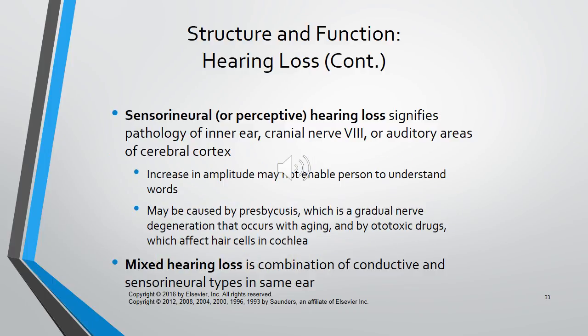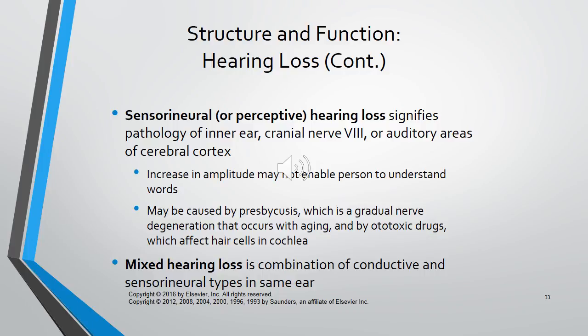The second kind of hearing loss is sensory neural or perceptive hearing loss. This signifies some pathology of the inner ear, cranial nerve 8, or the auditory area of the cerebral cortex. So with patients that have sensory neural hearing loss, even increasing the amplitude, so increasing the volume of the words, may not enable the person to understand what you're saying.